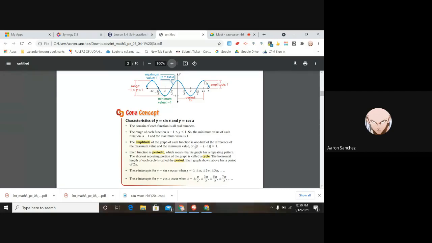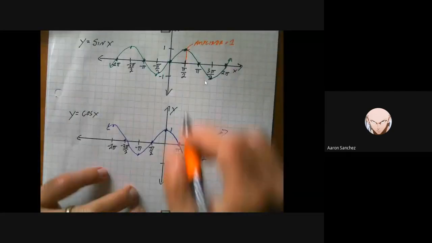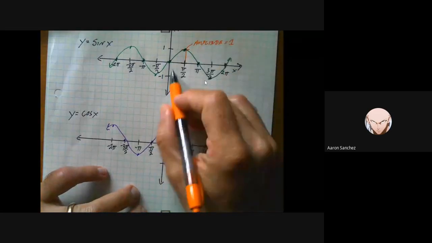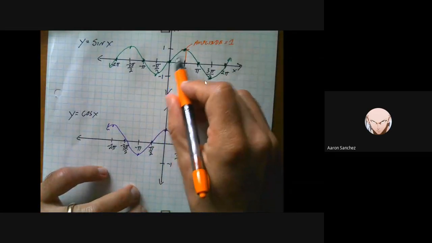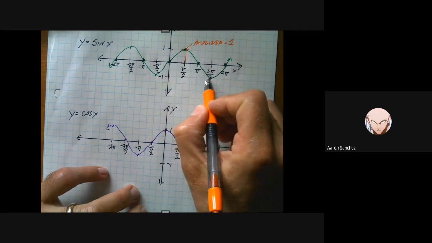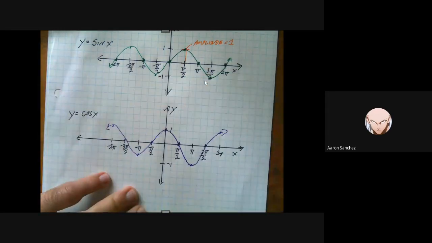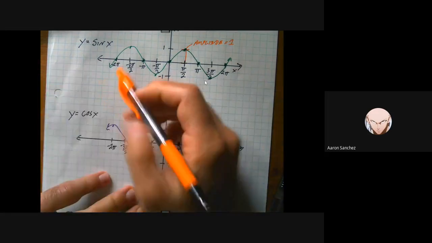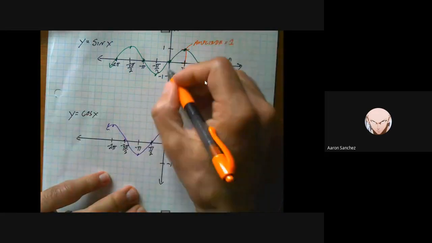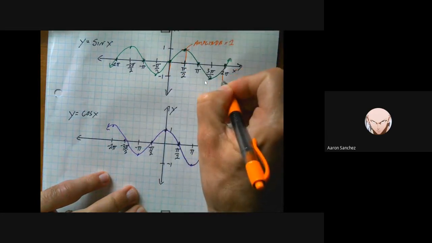So my period, if I look at my sine function, I start here, I go up, get back to 0, but I got to go back down again, and I go back down and I get to 0. And so my period is from here to here.